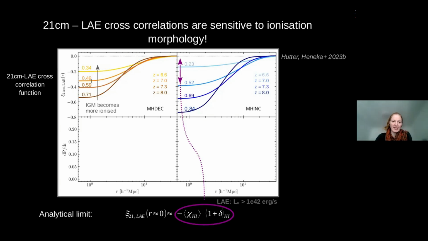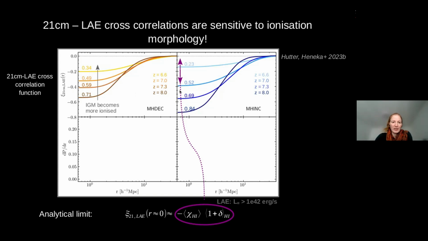And as we expect, as reionization progresses, the overall 21 centimeter signal drops. And so the cross-correlation amplitude on small scales starts dropping because your overall 21 centimeter signal is dropping. So the difference between this 21 centimeter signal around the Lyman alpha emitter and the global mean becomes smaller.